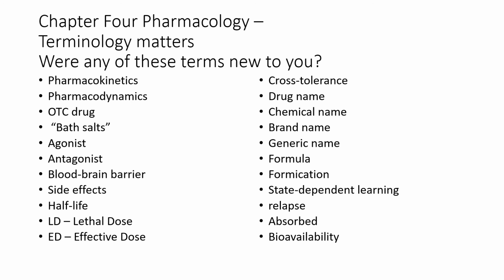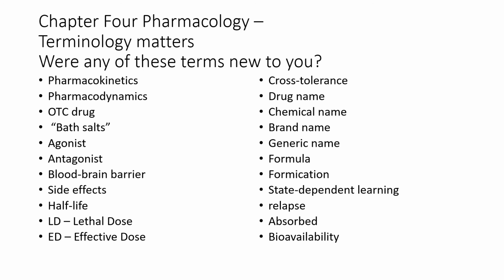We've also mentioned, or I do in class, formication. We'll see that again in the chapter on stimulants. Formication is when taking a drug causes the sensation that some kind of insect is crawling on your skin.